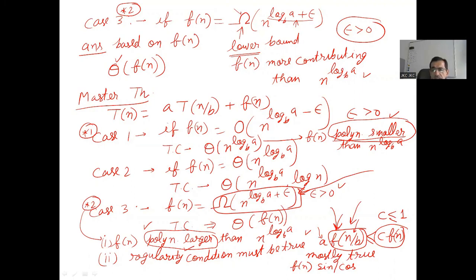So without bothering much about this, let's assume this to be true and understand that for case 1, polynomially smaller must be true, for case 3, polynomially larger must be true, and the regularity condition will be mostly true in programming environments.